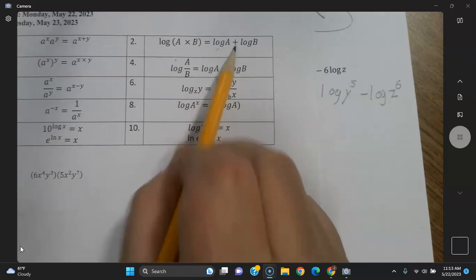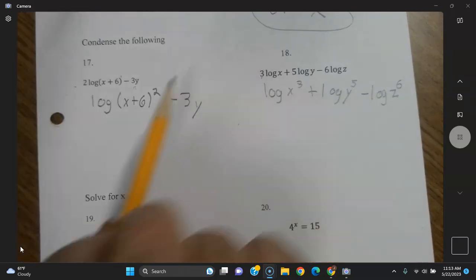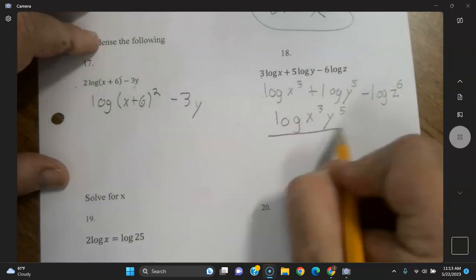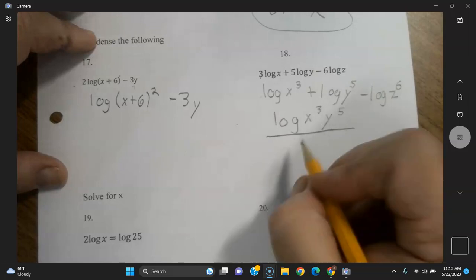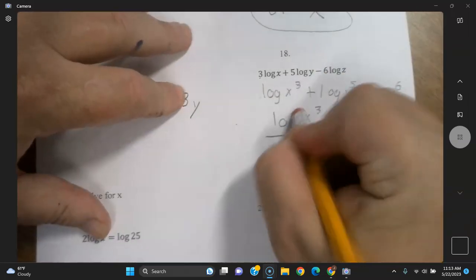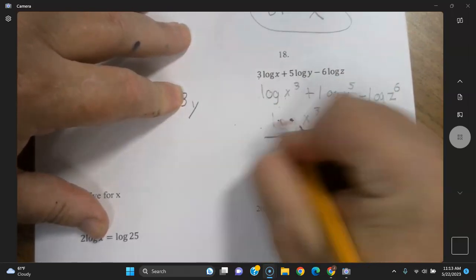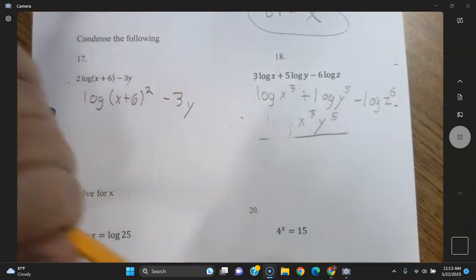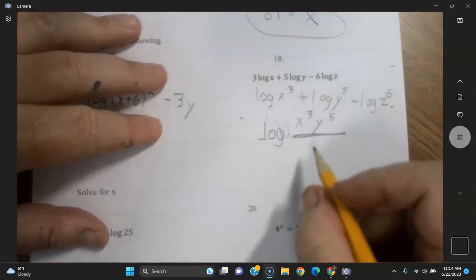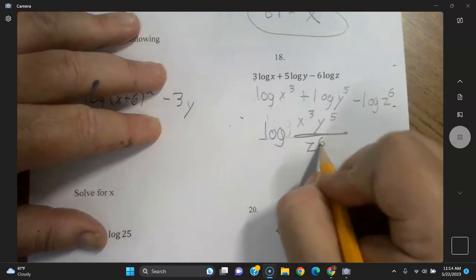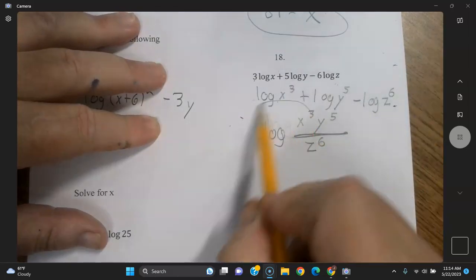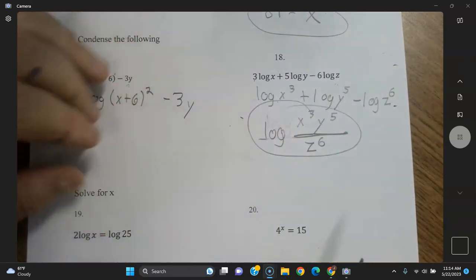You got an addition in there and you got a subtraction in there. So the addition is going to be this, and the subtraction is going to be in the denominator. We're condensing it, so I'm going to put the log out in front. And that's going to be over z to the sixth. Okay, so there's only one log, and it covers all of these, so that's your final answer.